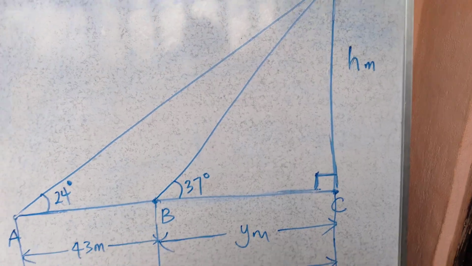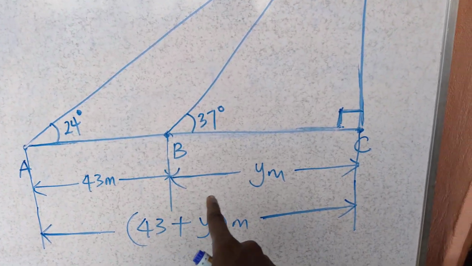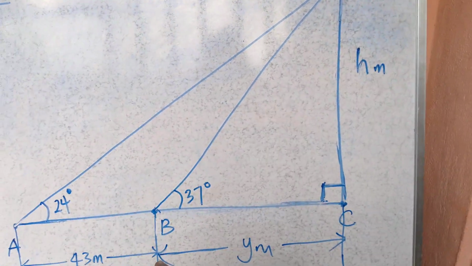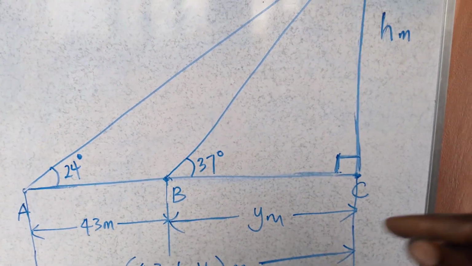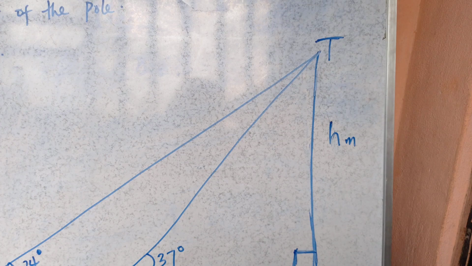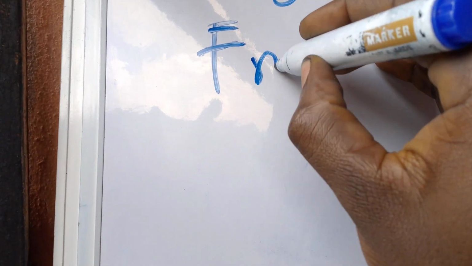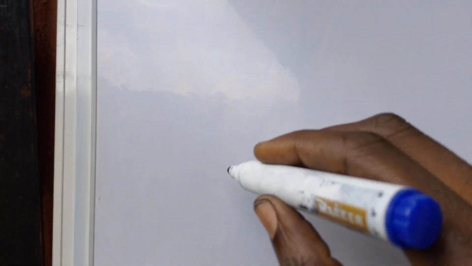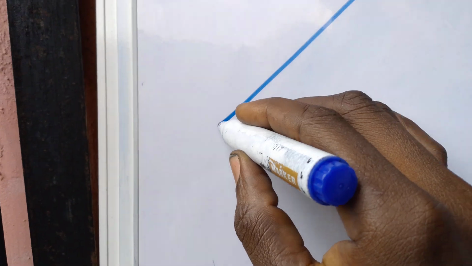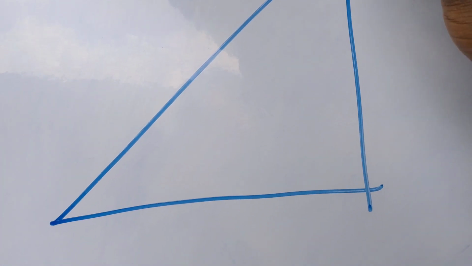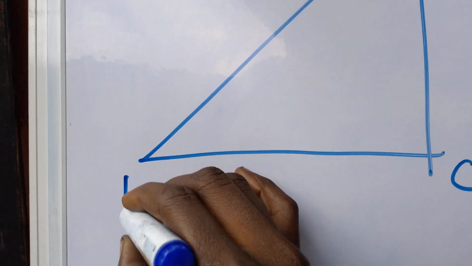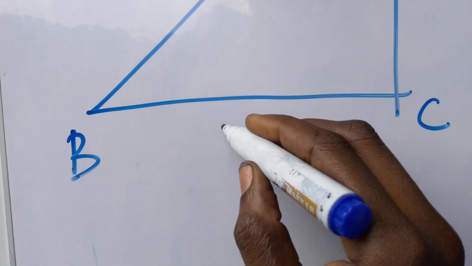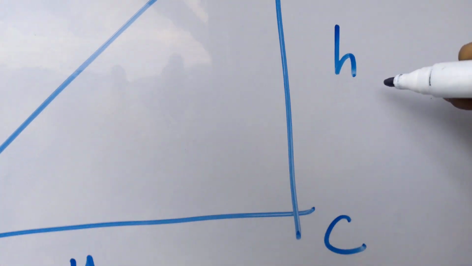Right. If I cut out triangle BCT, I'll have something like this. This is T, this is C, and this is B. The distance from B to C is y, and here is h.